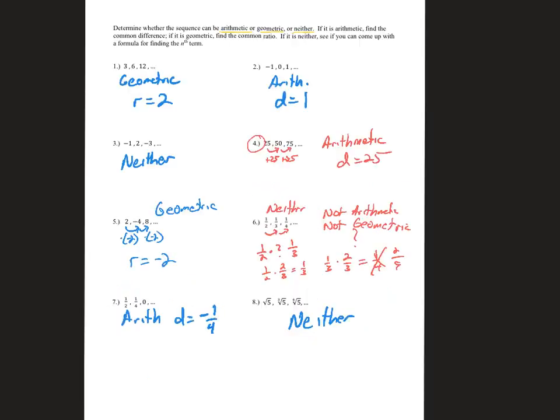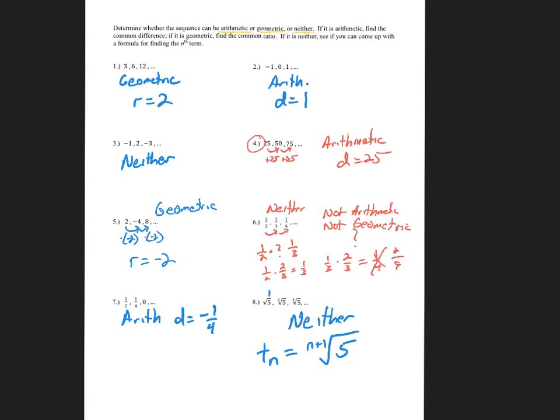All right, so there you go. I did ask in the instructions for finding the nth term for things that are neither, kind of come up with a formula. So for example, number 8, what I'm looking for is something like the nth term in this would be, it looks like the n plus 1 root of 5, right?